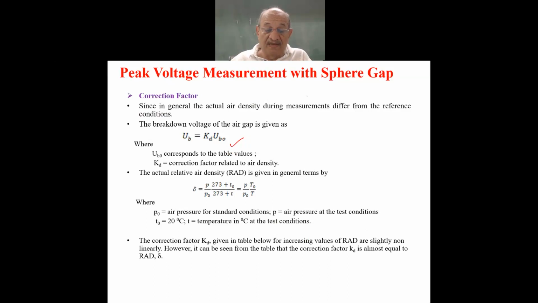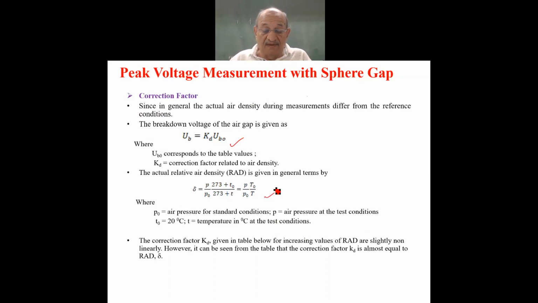K_D is the correction factor related to the air density. The relative air density, RAD, is given the symbol delta, and it is given by this formula.